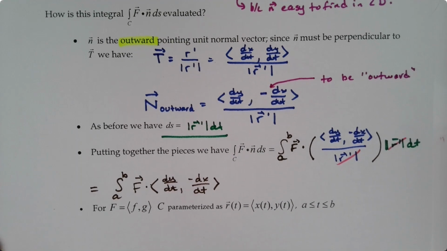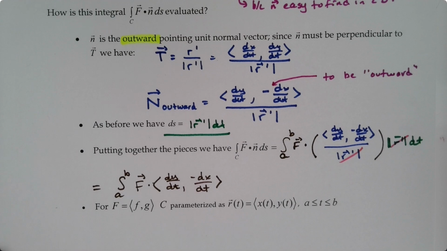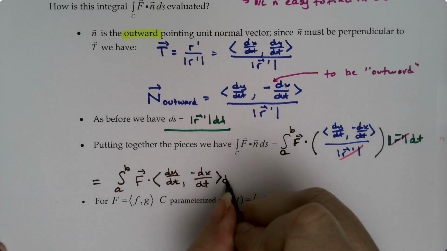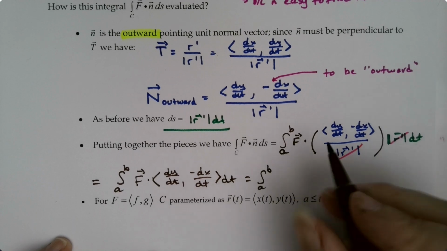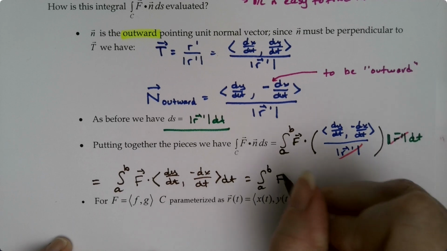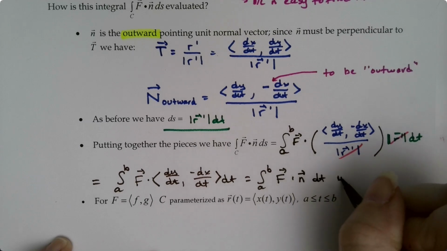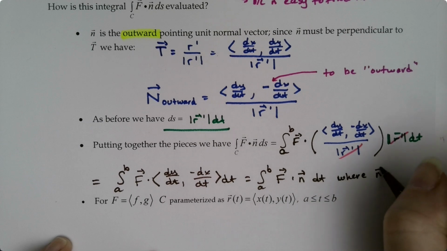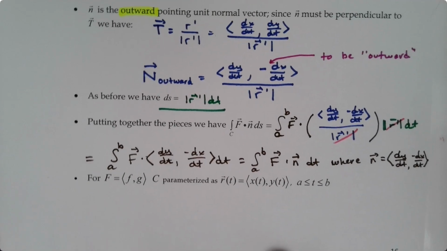Technically, there is another, inward flux, but we don't do it that way. So for flux, they had to pick a direction back in the day, and they went with this direction. All right, so this is equal to the integral from a to b of f dot n dt, where n is equal to, and again, this only works for two dimensions, dy/dt, negative dx/dt. 3 dimensions is much, much tougher.